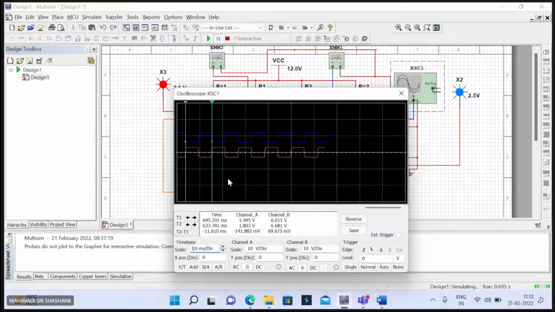And calculate it theoretically. Ma'am, it's 90 hertz theoretically.